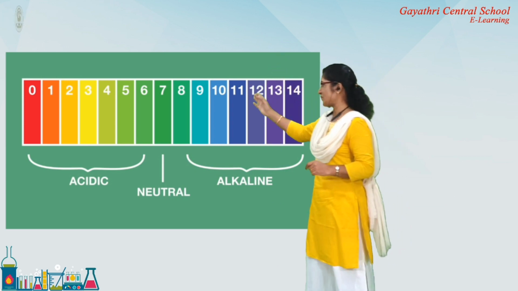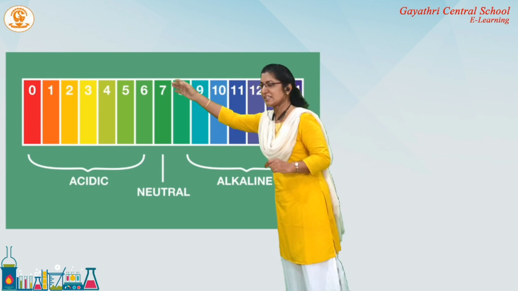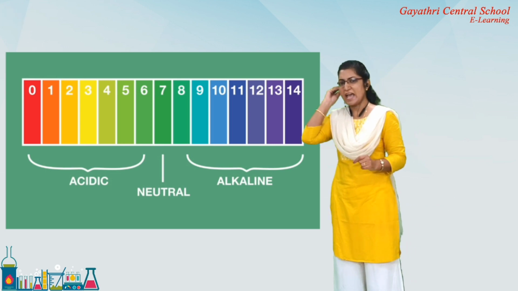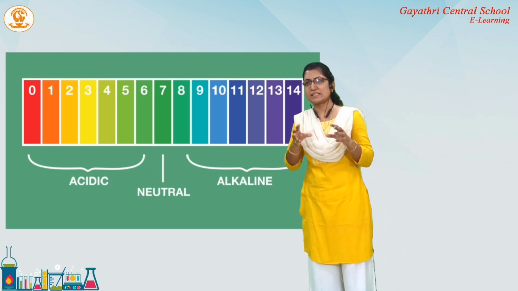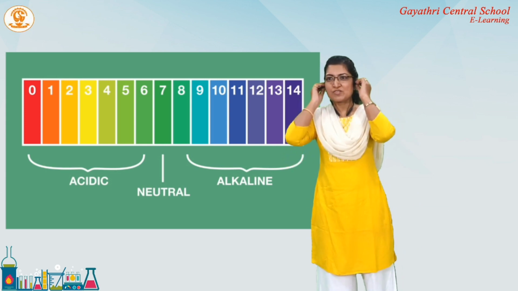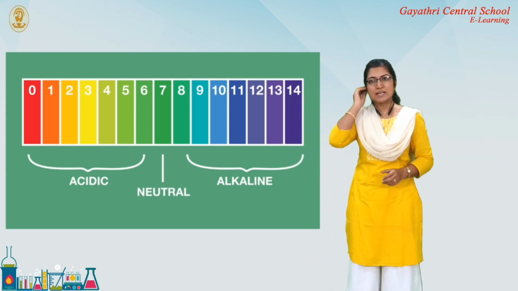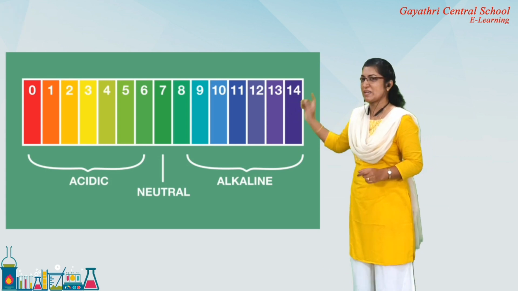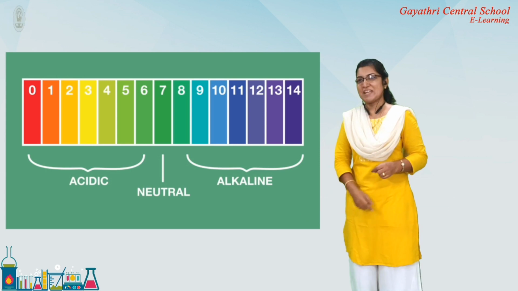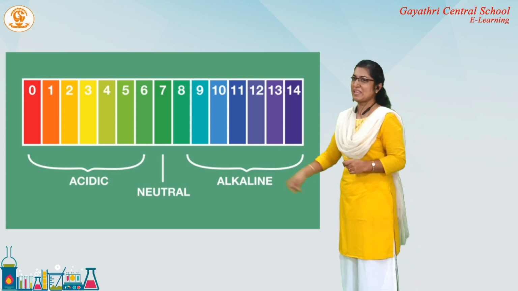If the value of pH is less than 7, it is called acidic. If its value is more than 7, it is called alkaline. So it actually measures the strength of an acid, how strong an acid is, and how strong or weak a base is. For that only we use this pH indicator. And who discovered it? Sorensen. Yes, Sorensen discovered the pH scale.